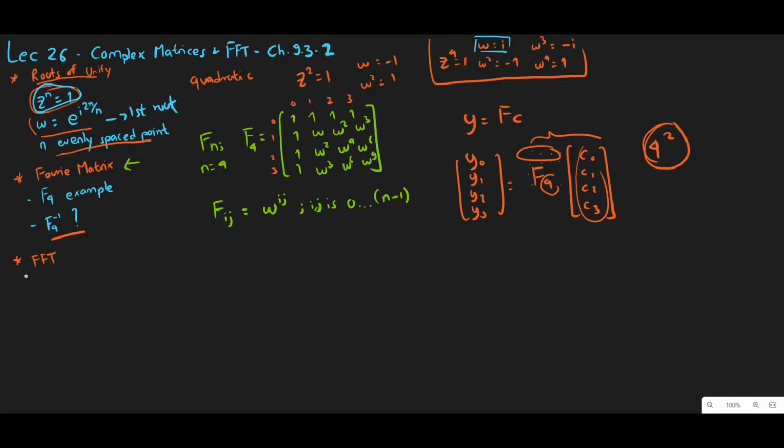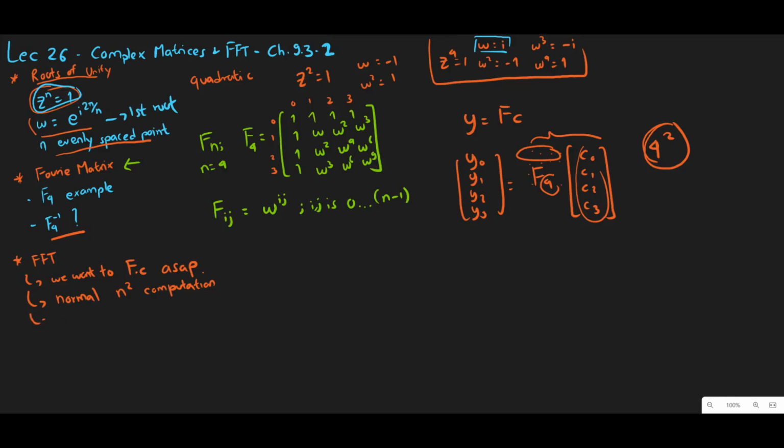So the idea of FFT is that we want to do the multiplication of F times c as quickly as possible. Normally, because it has n by n entries, we have n squared computations.